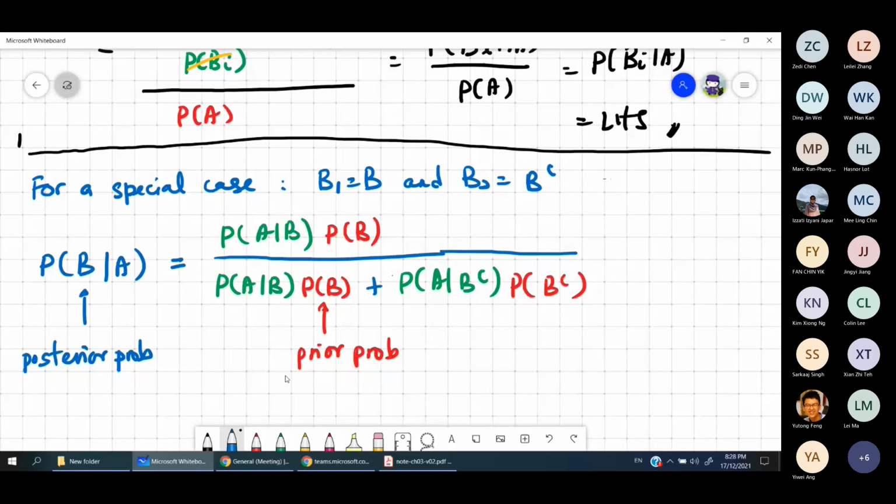And this one, I mean, maybe I will say this is the probability from the data, the probability based on the observed data.